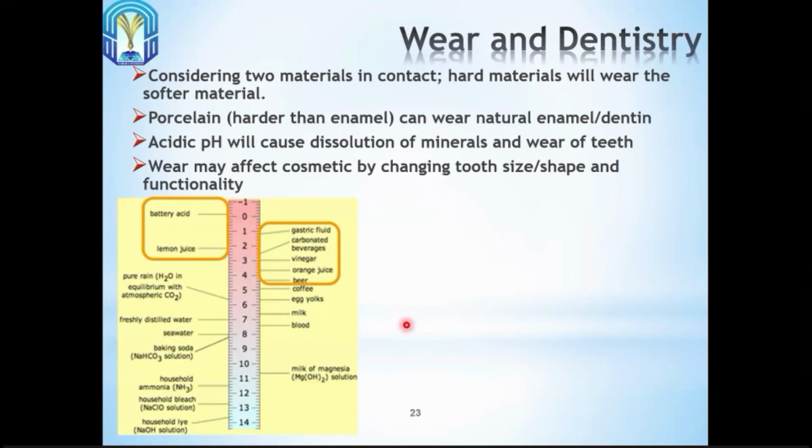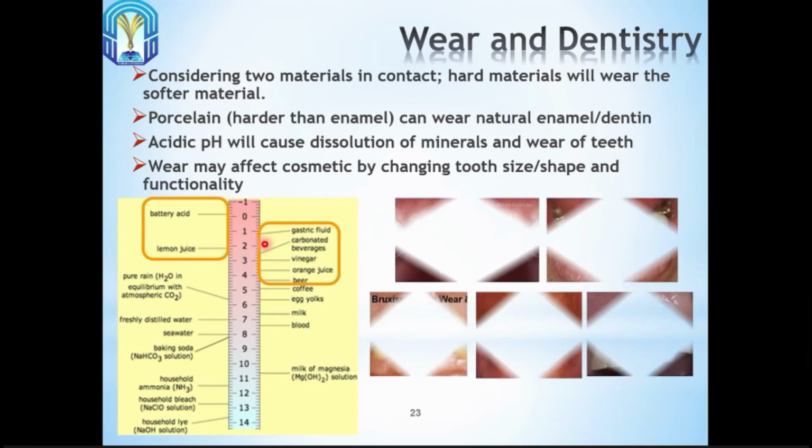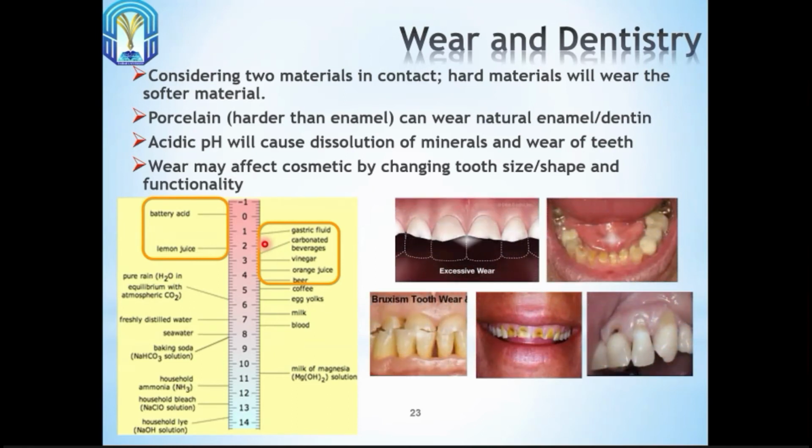The acids we are concerned about are coming from citrus fruits such as lemon juice, or gastric fluid or gastric acid, vinegar, orange juice, this kind of stuff which are acidic. They can solubilize hydroxyapatite or enamel tissue, resulting in wear of tooth structures.